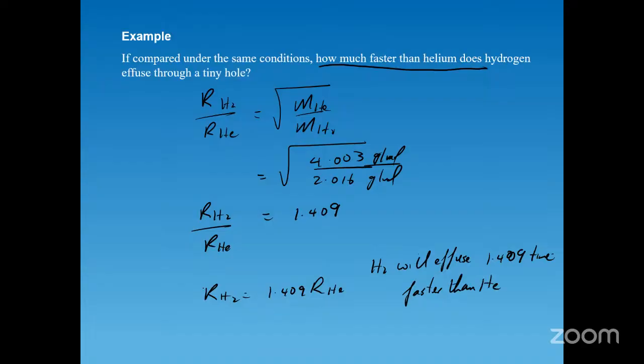And that's because of this expression right here, right? The rate of diffusion of hydrogen would be 1.409 times that of the rate of diffusion of helium, all right? So that's basically how that question would be answered, all right?